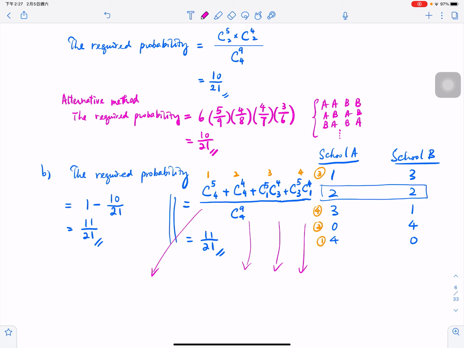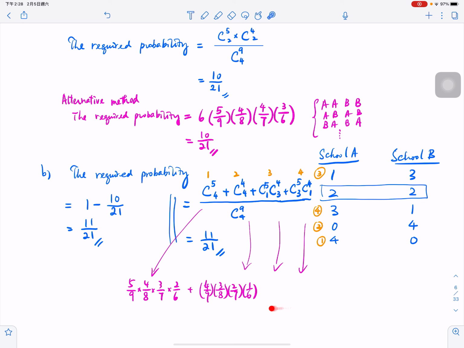If only A, it's simple: 5 over 9, 4 over 8, 3 over 7, and then 2 over 6, right? This is the first one. And the second one, 4, 3, 2, 1, right? However, this 2 is because this is a combination here.